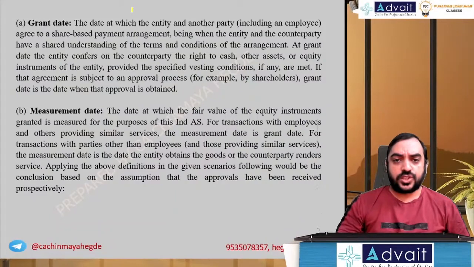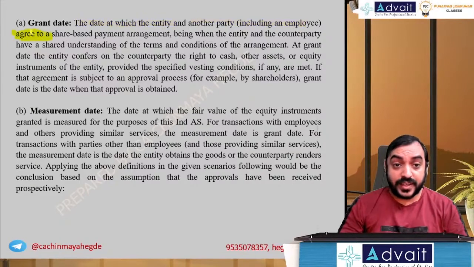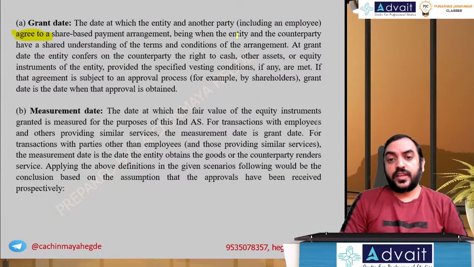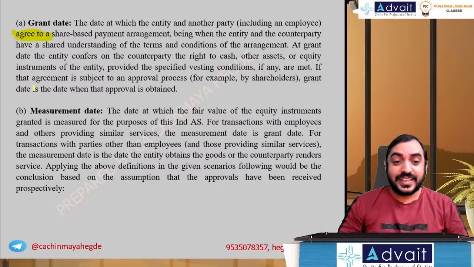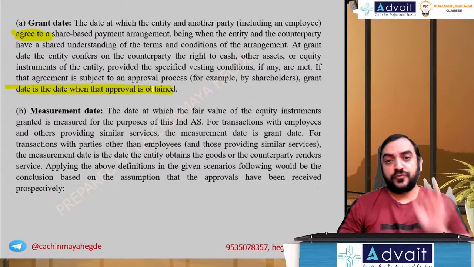The date on which the entity and another party, including an employee, agree. Please focus on the word agree. Being when the entity and counterparty have a shared understanding of the terms and conditions. At the grant date, the entity confers on the counterparty the right to cash, other assets or equity instruments of the entity, provided specified vesting conditions, if any, are met. If that agreement is subject to an approval process, grant date is the date when approval is obtained. Please focus on this point.